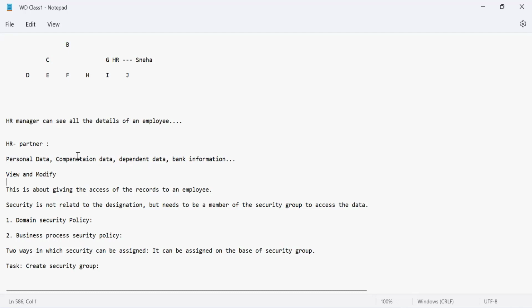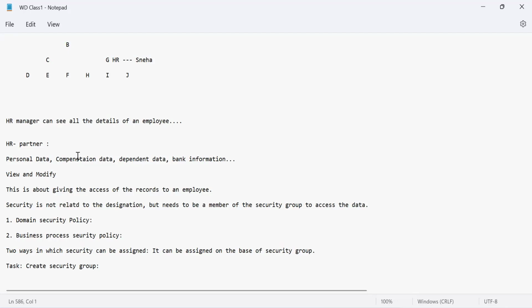When you give permissions in Workday, as I stated, the permissions are given on the security group. There are only two types of permissions related to your data security: view and modify. You don't have any other permission, like edit, update, or delete.